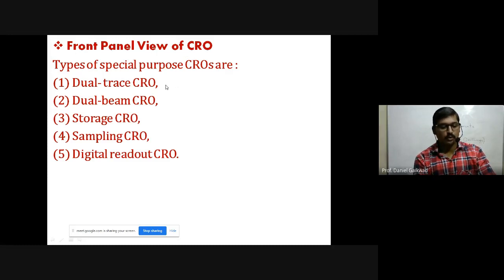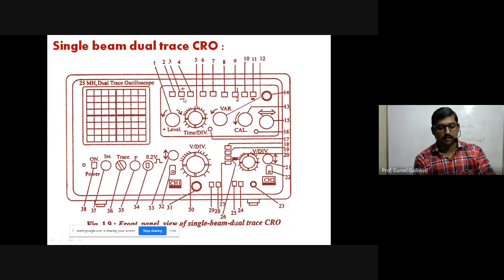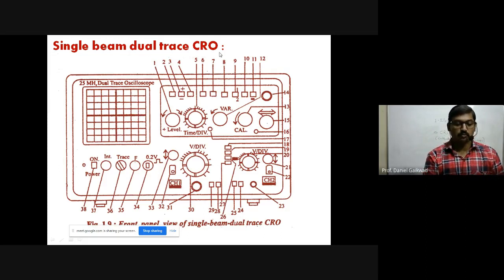We are going to understand that each particular knob or button has a special role in the front panel of the single beam dual trace CRO. The beam is single but it is dual trace, so two waveforms can be traced simultaneously. Because of that it is called a dual trace CRO, and its front view will look like this.